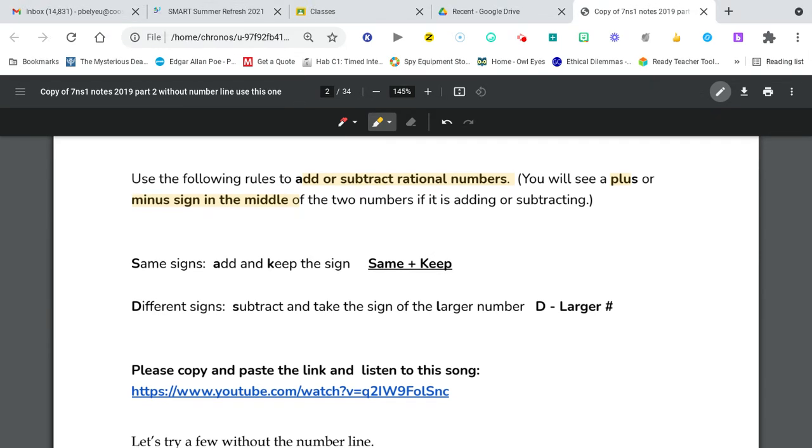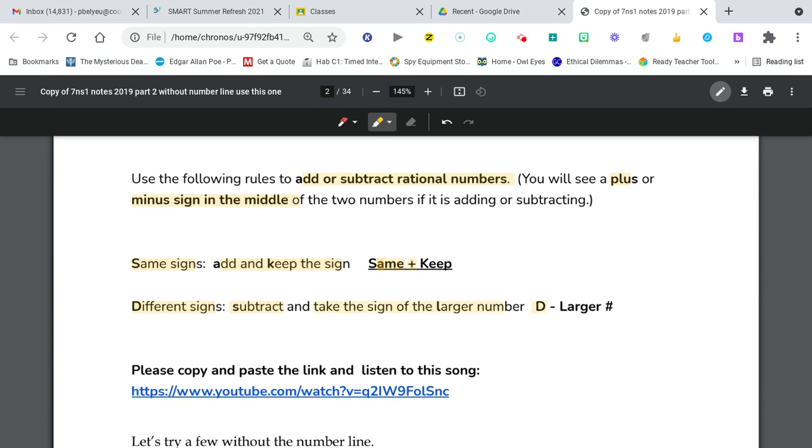Simple rules to apply. It'll help you with adding and subtracting. If the signs are the same, you're going to add and keep the sign. So same signs, I need you to add. That little plus stands for add and keep the sign. Different signs, I'm going to need you to subtract and then take the sign of the larger number.